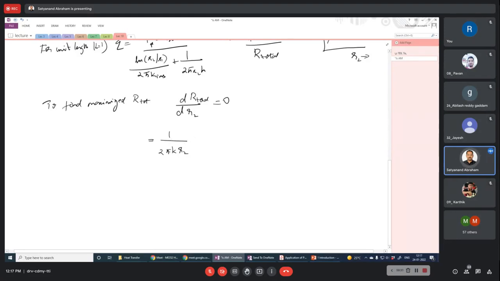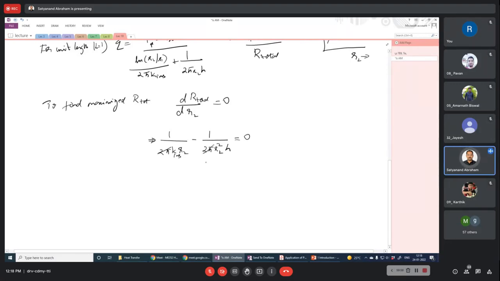So it gives us 1 by 2 pi K insulation into R2. What is the differentiation of 1 by R2? Minus 1 by R2 square. So we get minus 1 by 2 pi R2 square into H, and we equate to 0.